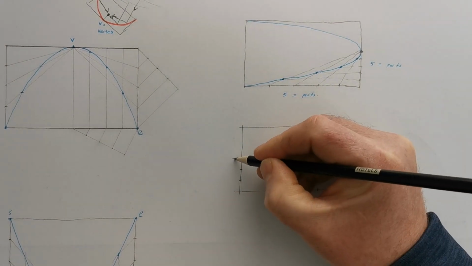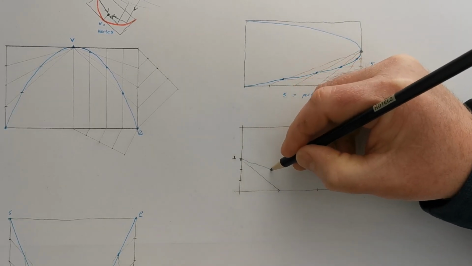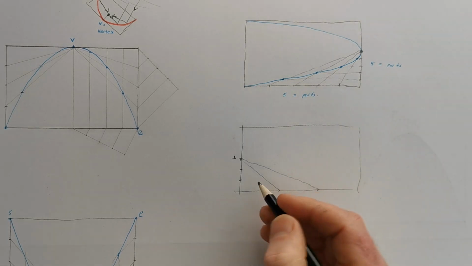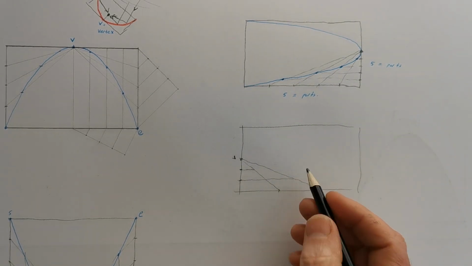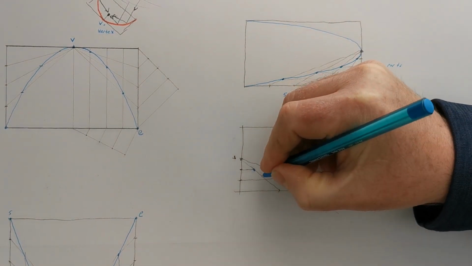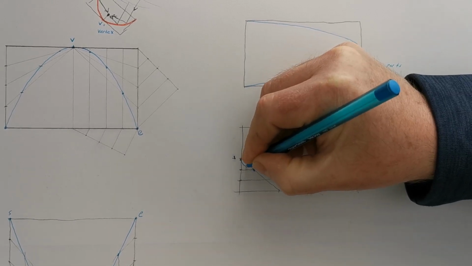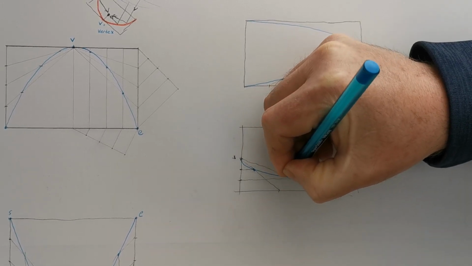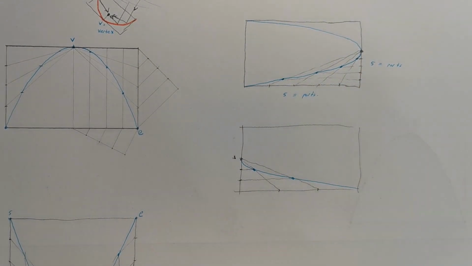So again, here's the vertex. Now, I'm not a great advocate or fan of just using 3 points or 3 divisions, because there's big distances to draw there then without any construction.